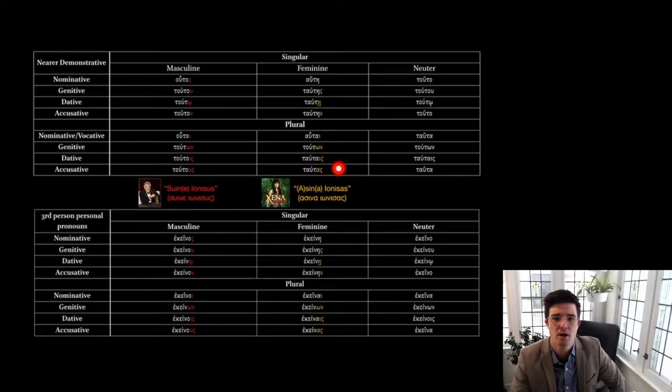And then the same thing over here, minus the alpha of the nominative because it's an eta instead, and minus what would be the alpha of the vocative in a normal noun, or just a regular noun, as it were.